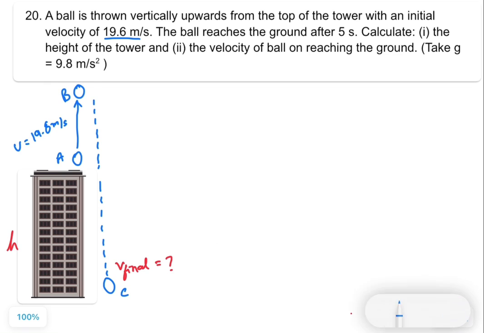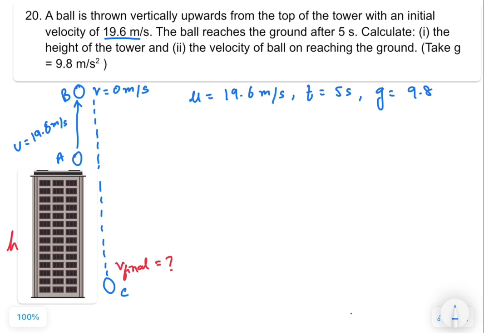At the highest point, the velocity would be 0 meters per second. So initial velocity is given, it is 19.6 meters per second. Total time of journey is 5 seconds. Acceleration due to gravity is 9.8 meters per second square.